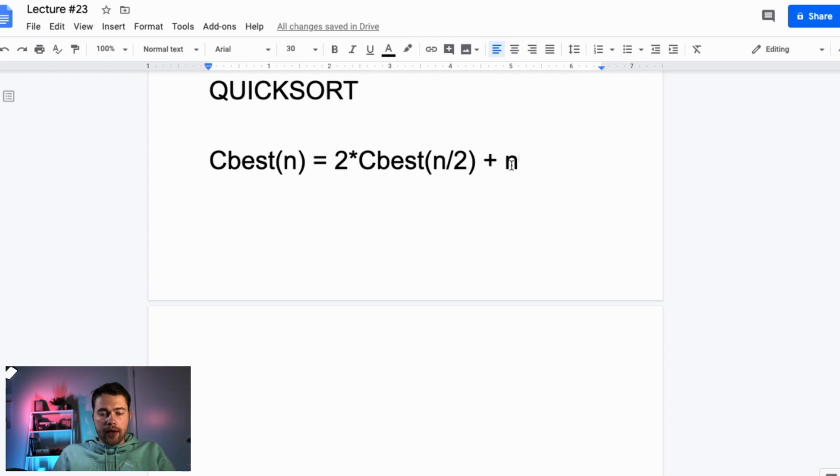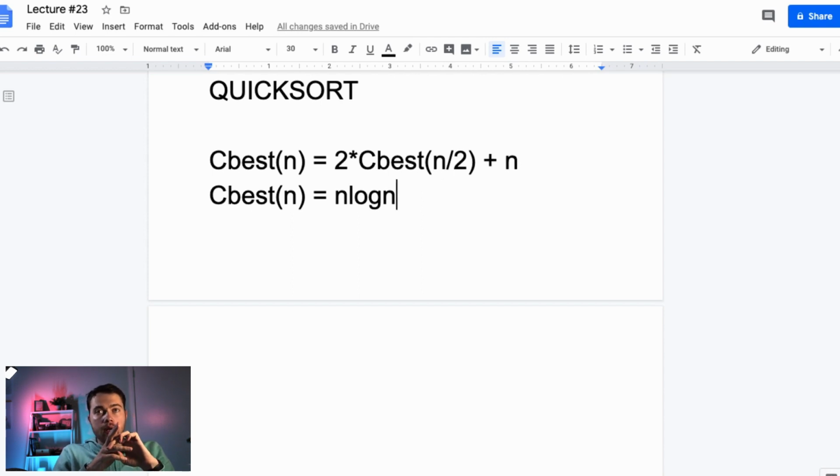If you solve this using the master theorem, C best of n is going to be n log n, so n log base 2 of n. It's pretty much similar to all other sorts. I hope you remember, but I'll be asking it on the exam as well.